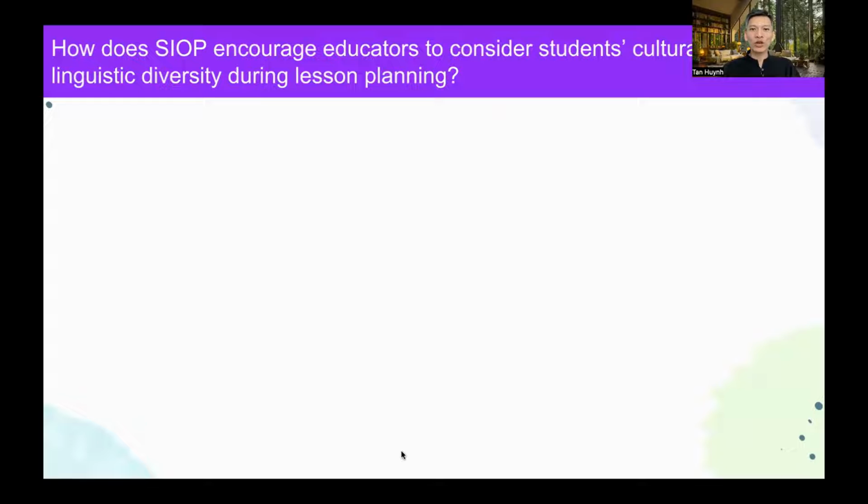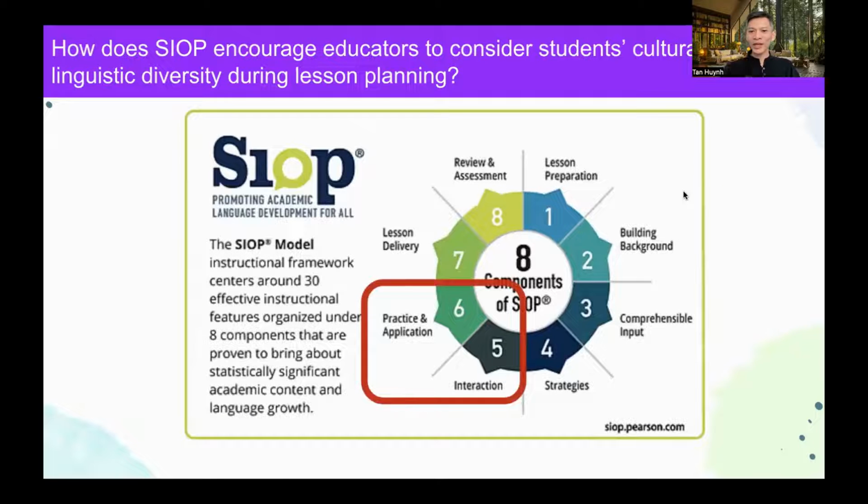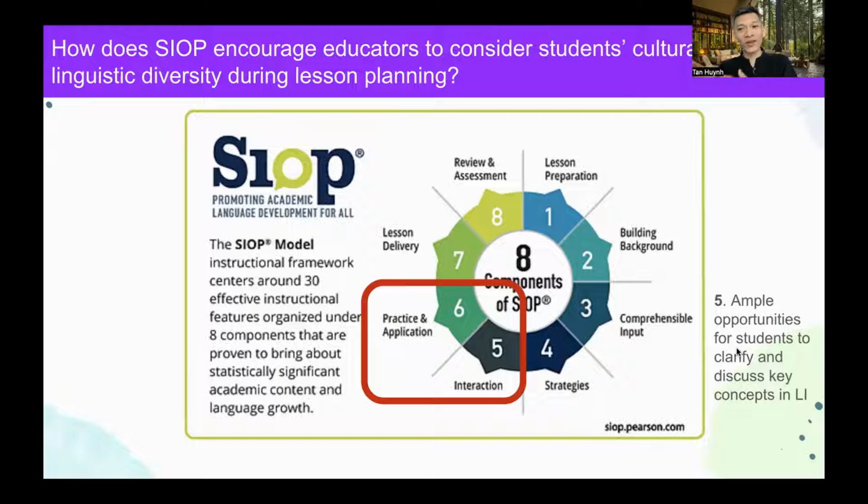How does SIOP encourage educators to consider students' cultural assets and linguistic diversity during lesson planning? When we return to the SIOP model, we look at two together, interaction and practice and application. For me, I love interaction, in particular when students are interacting. SIOP says we can give them ample opportunities to clarify and discuss key concepts in one of the multiple languages that they have.